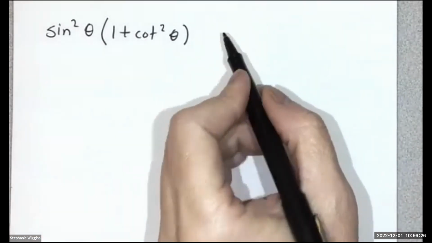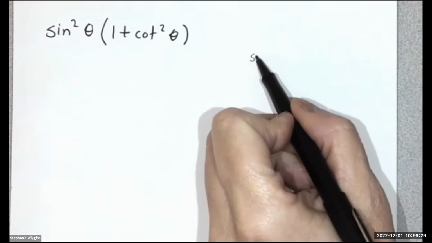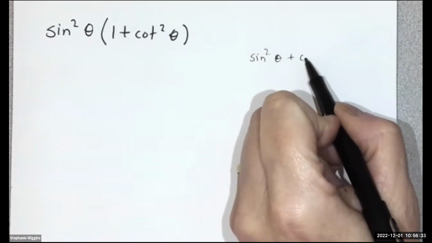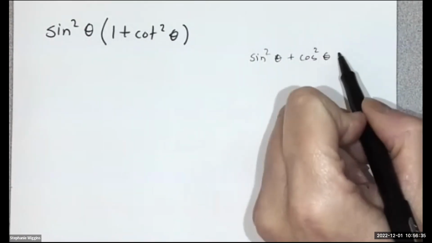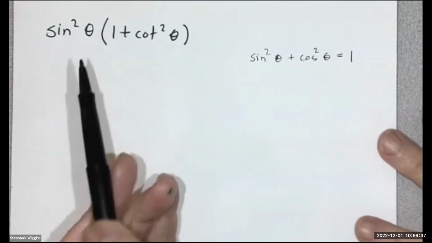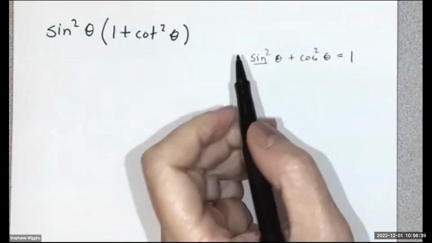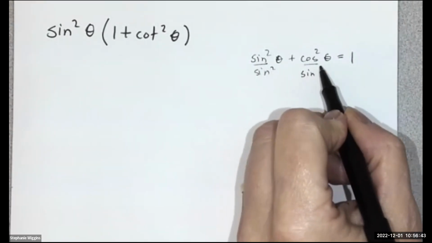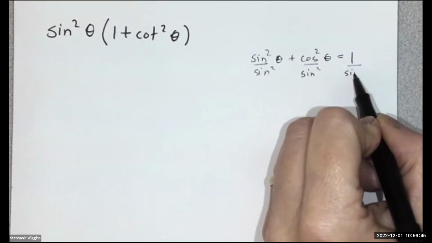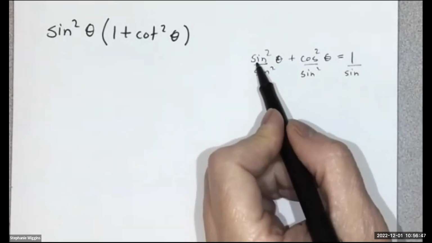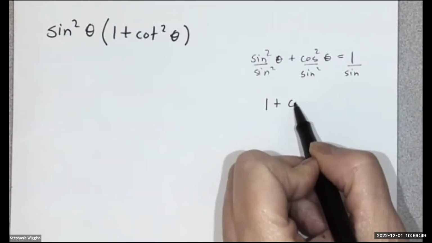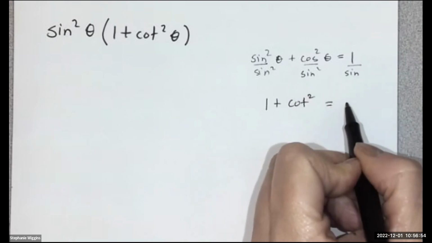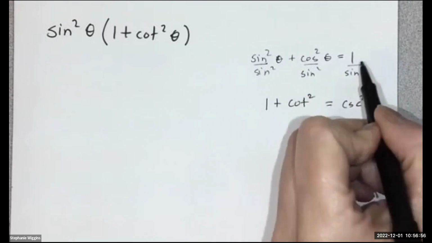Let me double check. So here we have sine squared theta plus cosine squared theta equals 1, right? Now, if I divide each term by sine squared, this is going to become 1 plus cotangent squared equals cosecant squared.